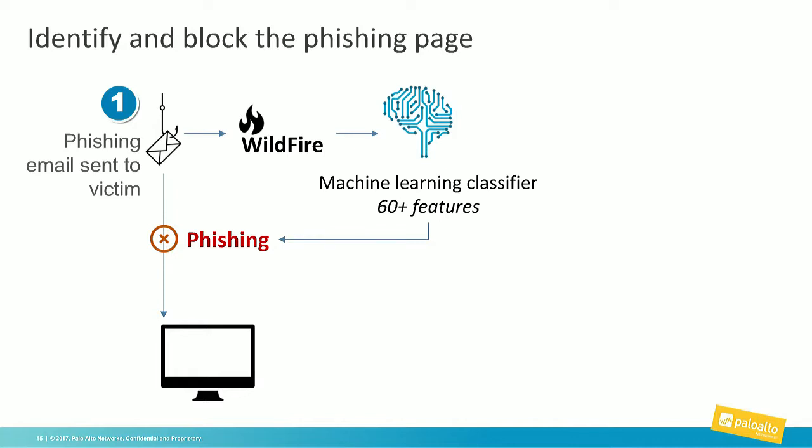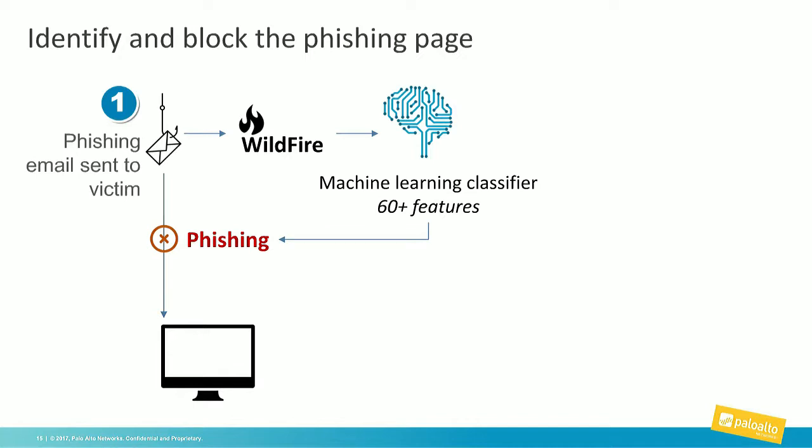So with the next generation firewall, you can configure it to send links to possible phishing emails to Wildfire for analysis. If Wildfire determines through advanced machine learning techniques that the page is phishing, the page would be added to the phishing URL category in our PanDB service.